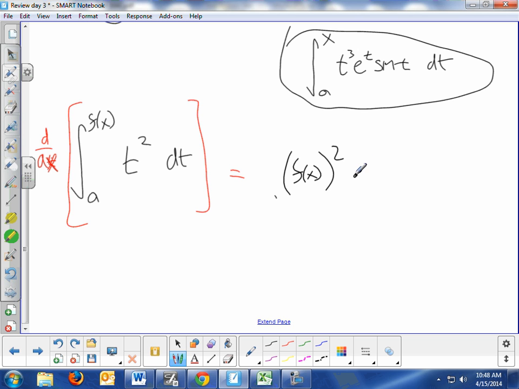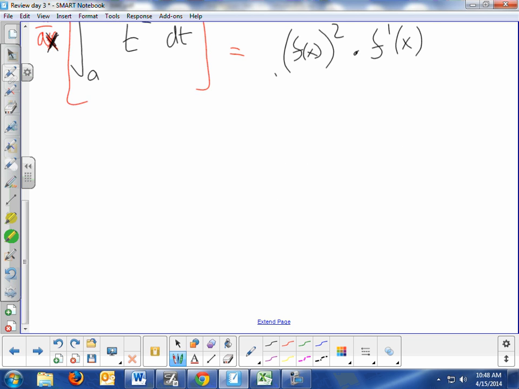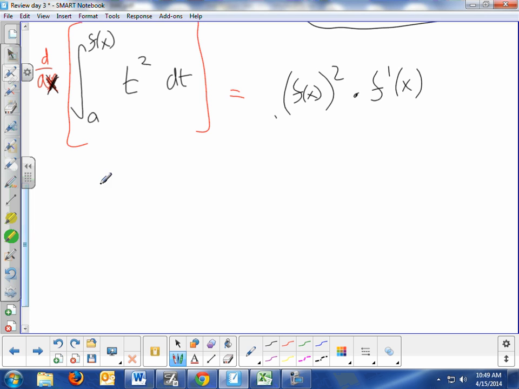But then you need to take the derivative of f prime and put it at the end. It's kind of an application of the chain rule. This is dt, this is dx. So let's just show you an example of that so we don't forget.